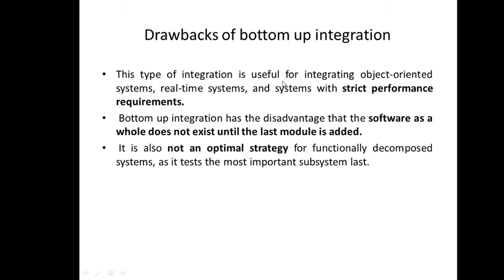This type of integration is useful for integrating object-oriented systems, real-time systems, and systems with strict performance requirements. So it is applicable for these only, not the function-oriented approach. Bottom-up integration has the disadvantage that the software as a whole does not exist until the last module is added.